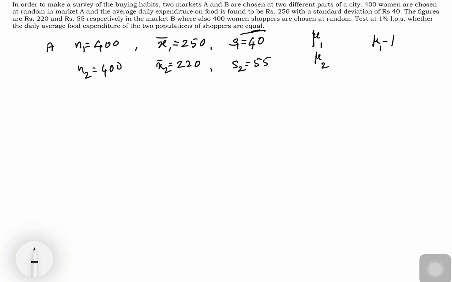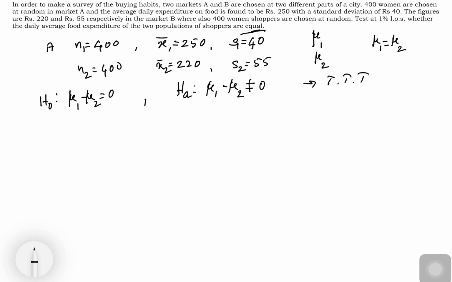That is mu1 is equal to mu2. So our null hypothesis will be mu1 minus mu2 is equal to 0. Remember that whatever parameter we are checking, that should always be equated to some constant. And HA will be mu1 minus mu2 not equal to 0. So this is a two-tailed test.